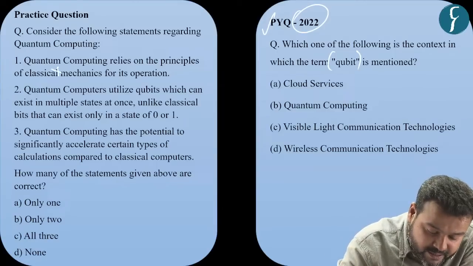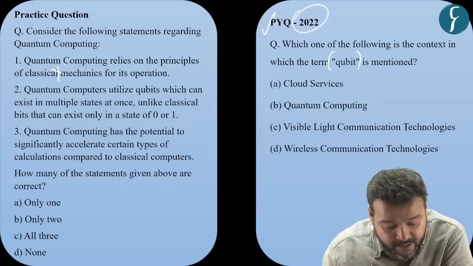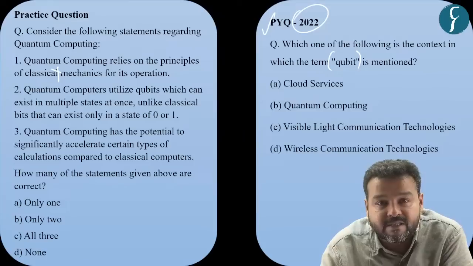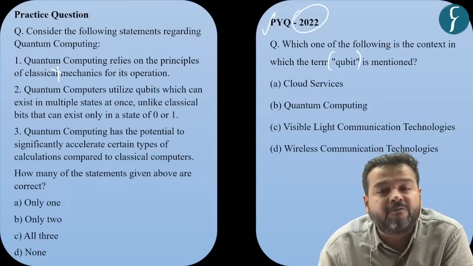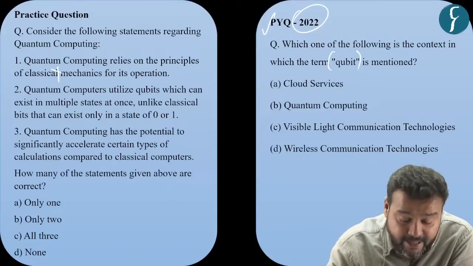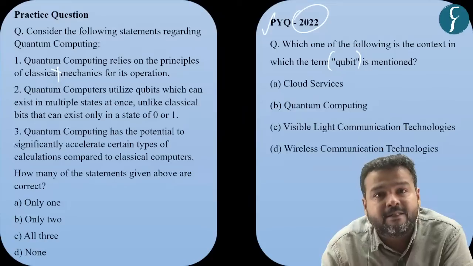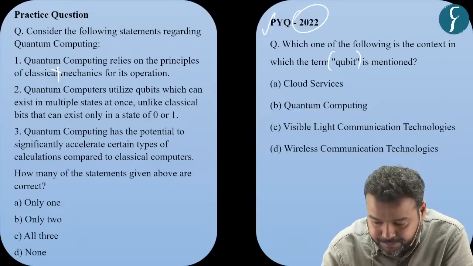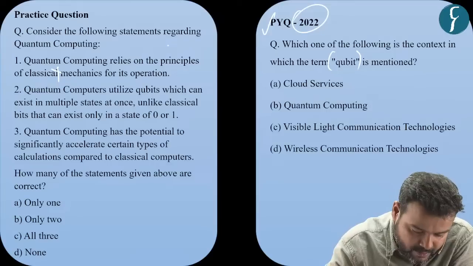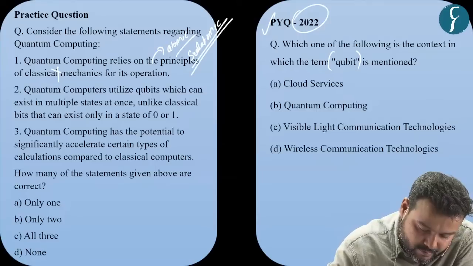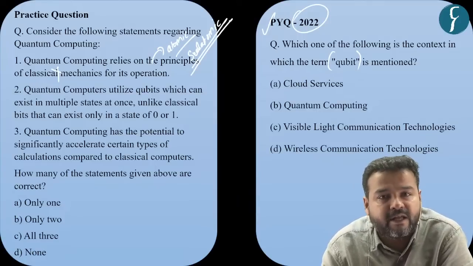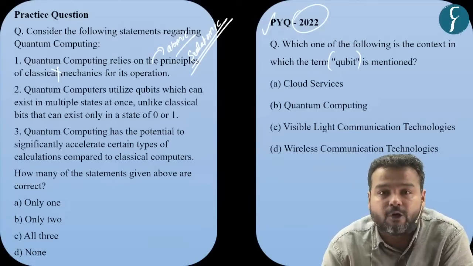Now, this statement is incorrect because quantum computing uses the principles of quantum mechanics, which is a subpart of physics, and it defines matter and energy on an atomic and subatomic level.